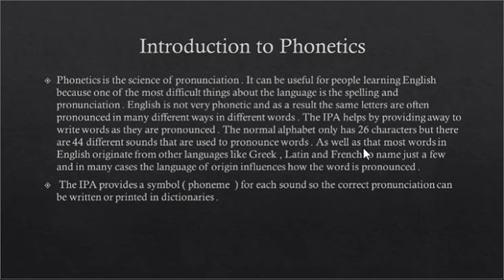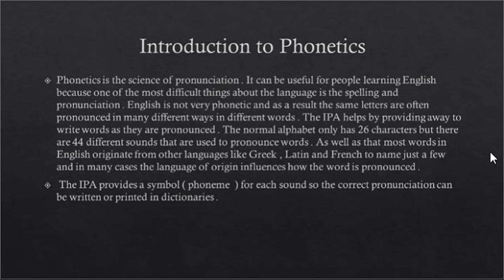As well as that, most words in English originate from other languages like Greek, Latin, French, to name just a few, and in many cases, the language of origin influences how the word is pronounced.